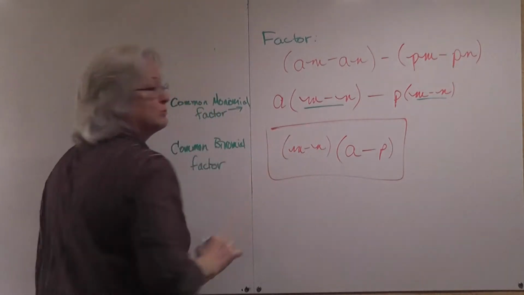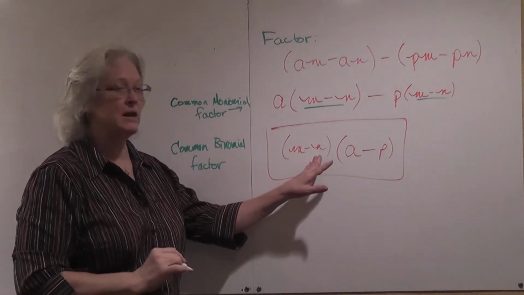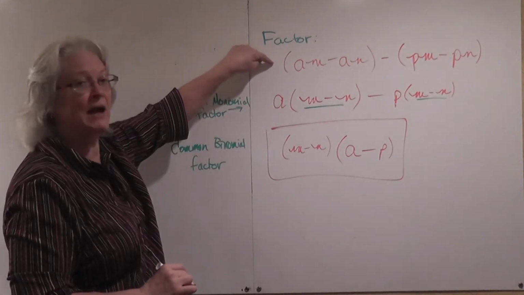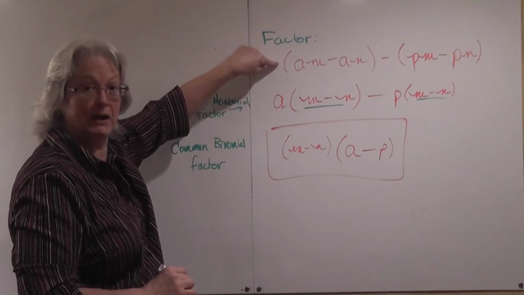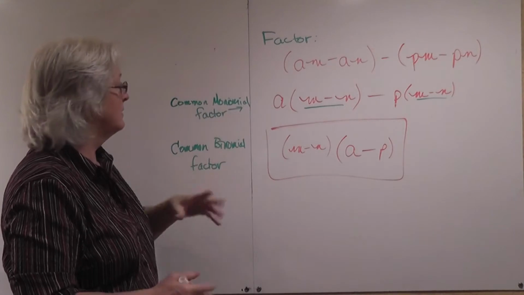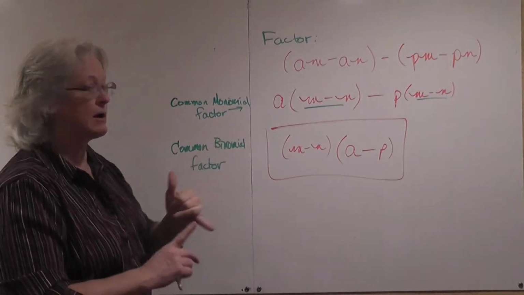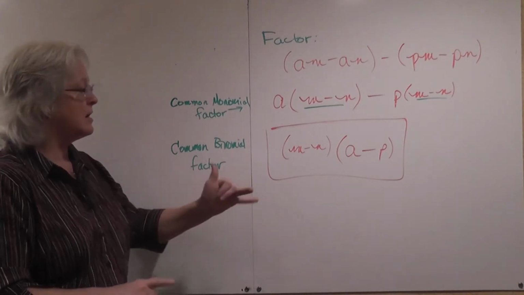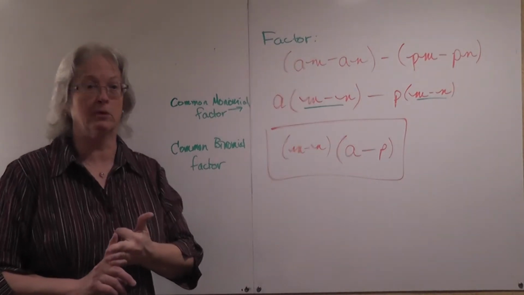This expression right here, m minus n times the quantity a minus p, is the factored form of this puppy up here. We've found a common monomial factor to remove. We have found a common binomial factor to remove.